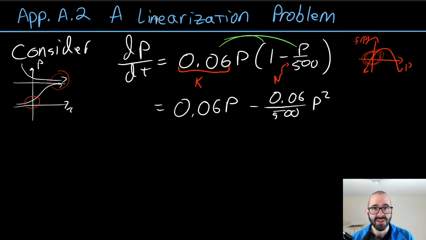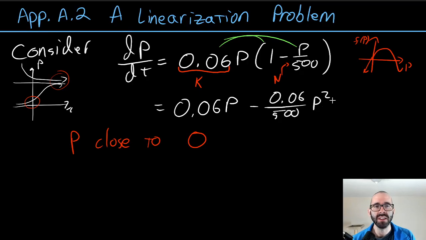That's what linearization is all about, is saying, let's zoom in and say it looks like a line. Mathematically, what that means is if p is close to 0, what do we have? Well, if p is close to 0, squaring something makes it really small.